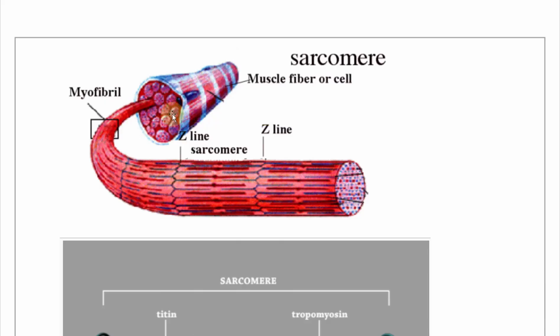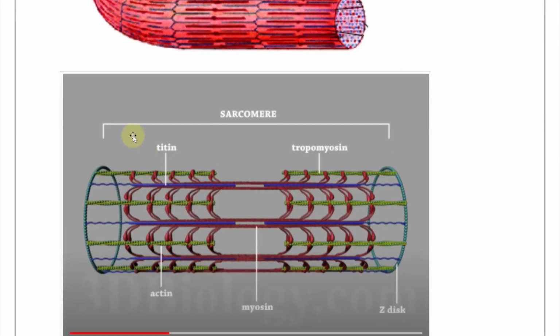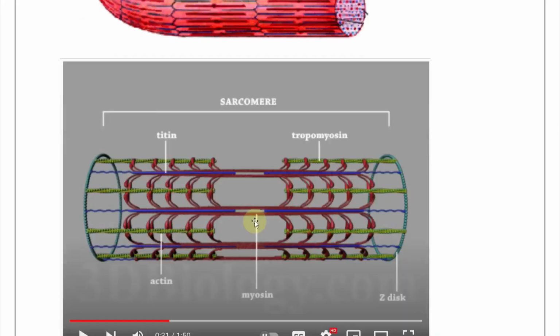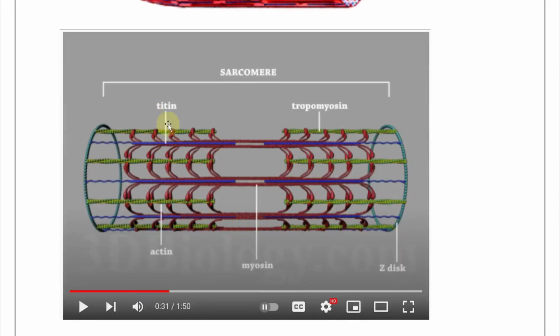Part of a bigger bundle, and then this goes over here, the myofibril, and then all the way over here is the Z line, with a sarcomere and a Z line at the other end. So you have a sarcomere here; zoom in. You can have titin, this other protein filament in the center, which makes sure the myosin stays in the center during contraction.